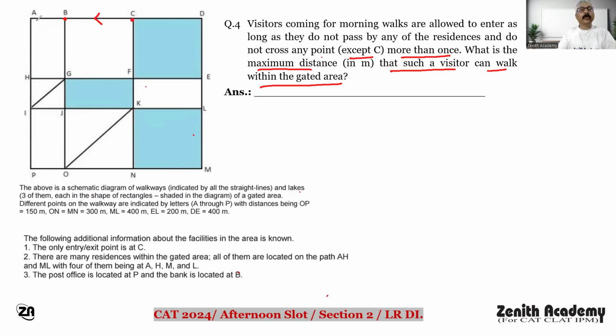B to A is not allowed because A resident is there, A to G. After G, he or she cannot go to H, then he can go this way or this way.